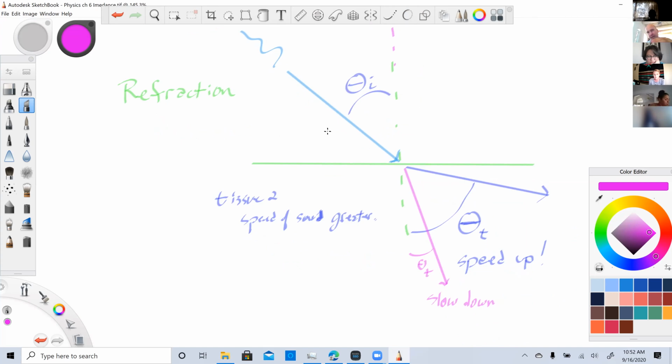So what I was going to say is, if he draws this sideways, speed up and slow down still apply, but they only apply to the actual theta angles. Slow down, the size of the angle went down. Speed up, the size of the transmitted angle went up. That always works, no matter how you draw this.